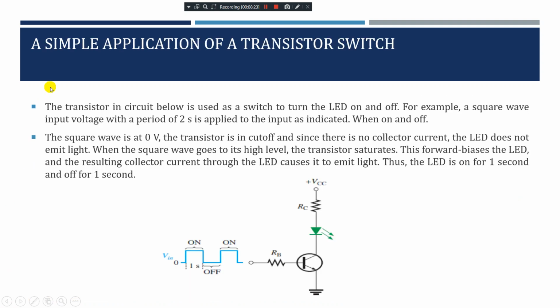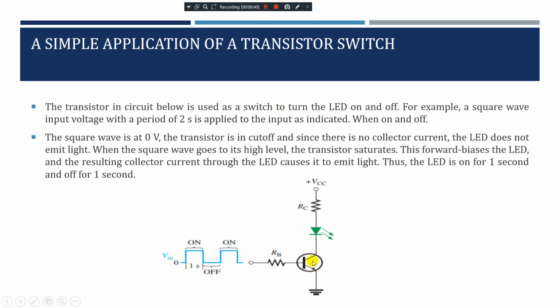Okay, next simple topic, a simple application of a transistor as a switch. You will see in the circuit below that the transistor is used as a switch to turn the LED on and off.